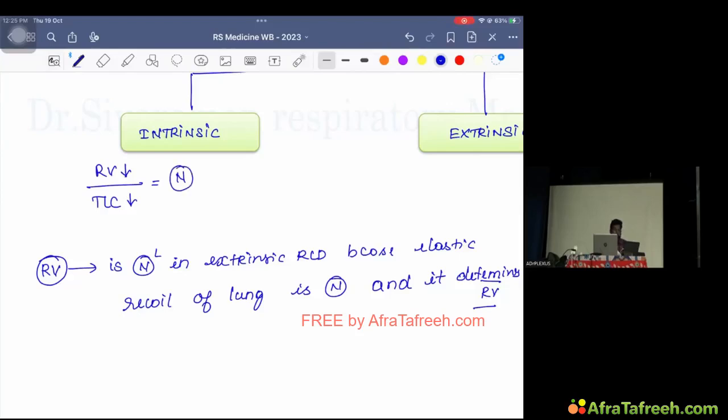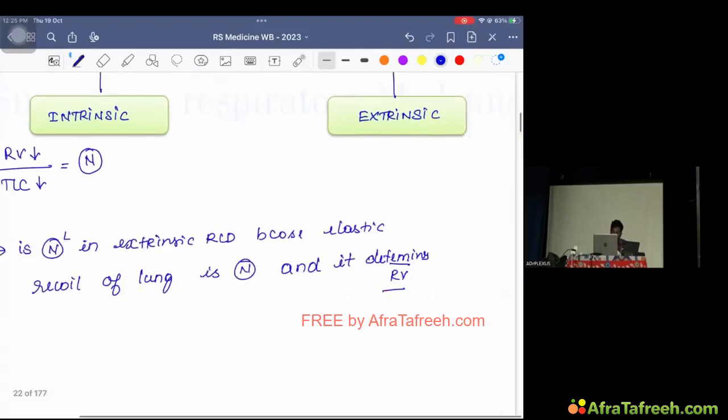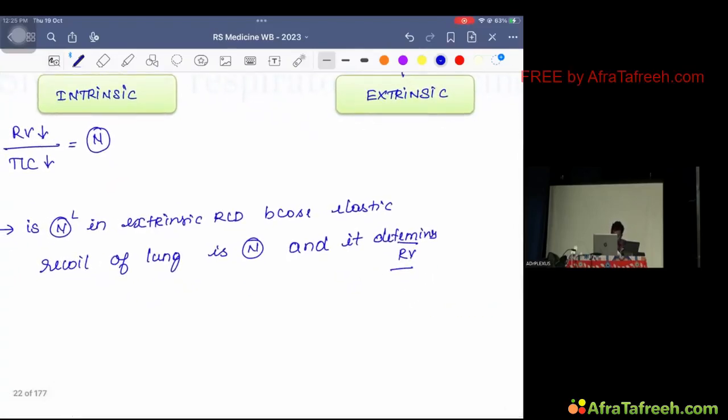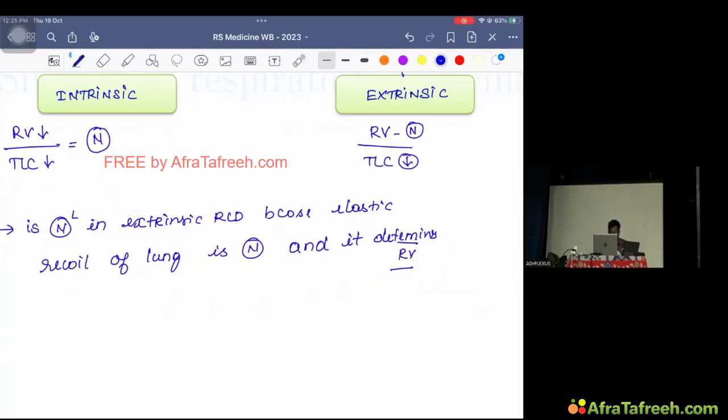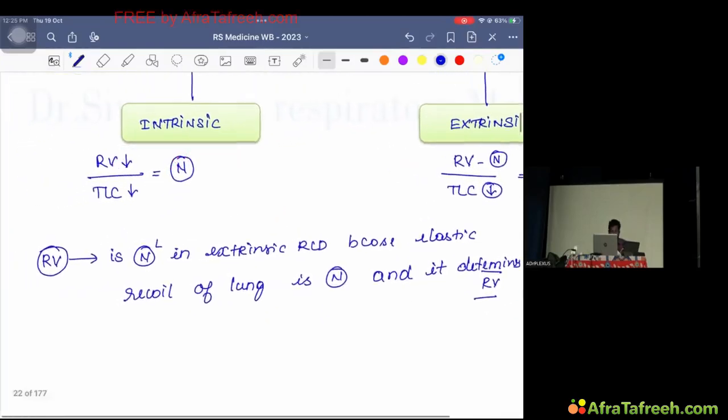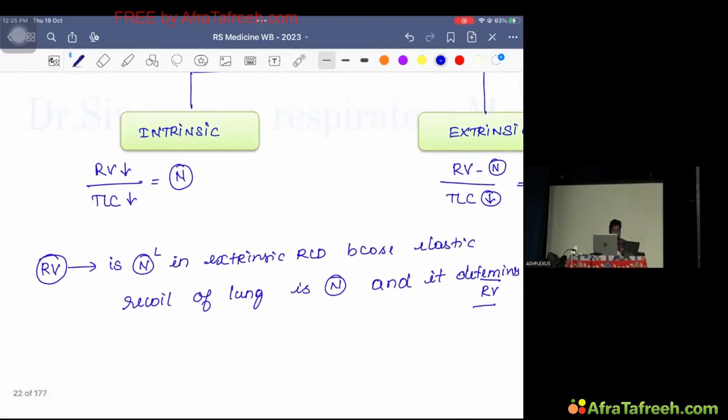Whereas in extrinsic restrictive lung disease, RV is going to be normal, TLC is going to be decreased, so the ratio is going to be increased. This will define whether it is an intrinsic or extrinsic restrictive lung disease.